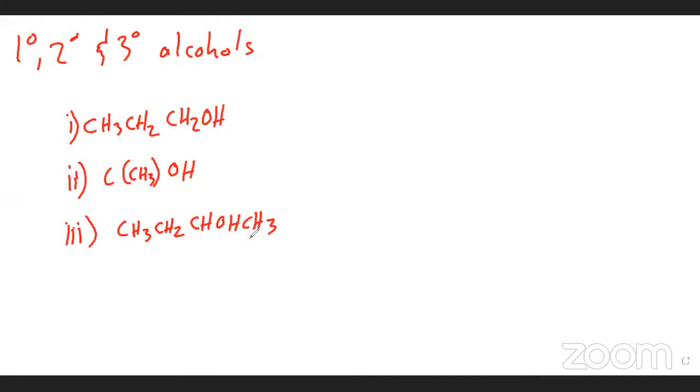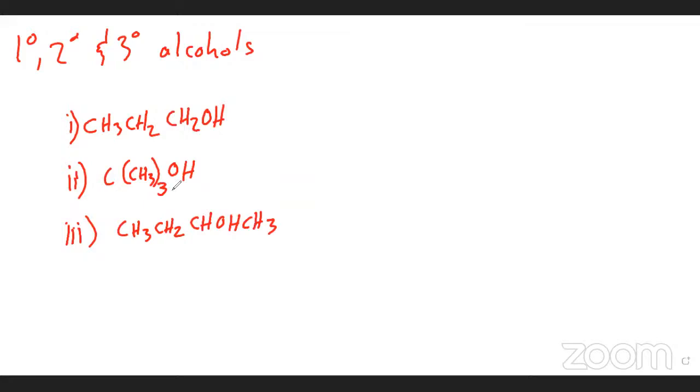If you get the condensed formula, it's best to draw it. Is it secondary? Not secondary either. But sir, isn't there a methyl group attached to the carbon with the hydrogen? Check it now. No, it's tertiary.